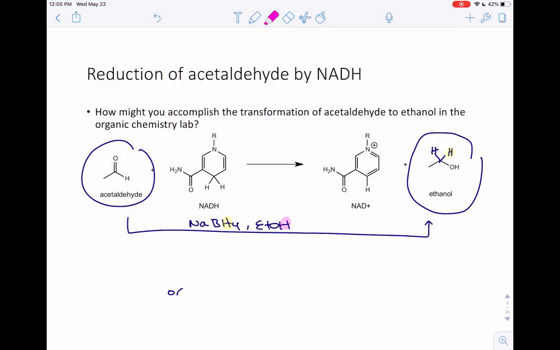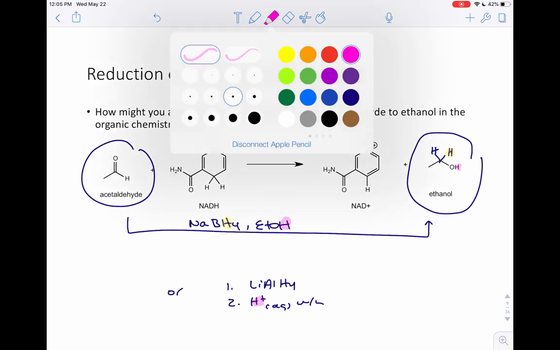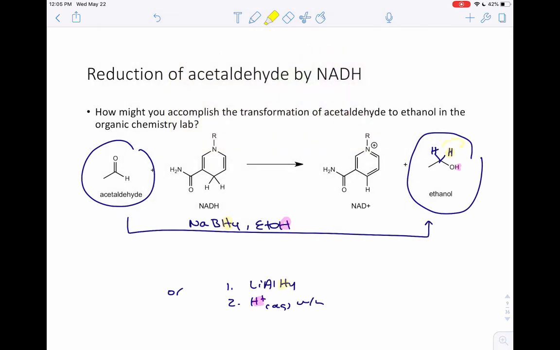And the proton source is providing the OH. You can do this in a two-step process with lithium aluminum hydride followed by an aqueous workup, where lithium aluminum hydride is going to be donating the nucleophilic hydrogen, and the workup gives you the OH.